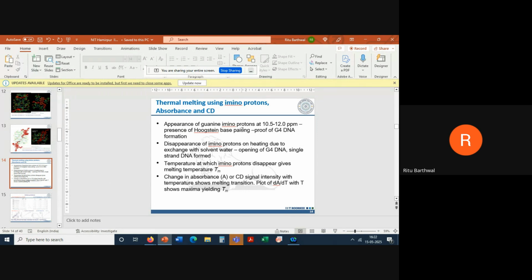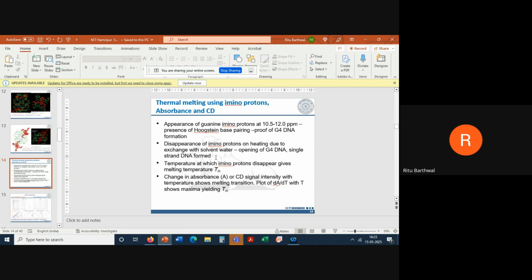There are many methods and I will show you. One is NMR, one is absorbance, one is CD, and I think the best way is to explain straight away. These are four methods, and there is one more, differential scanning calorimetry. How we can use them to determine thermal stabilization, which is a very important aspect of these interactions.